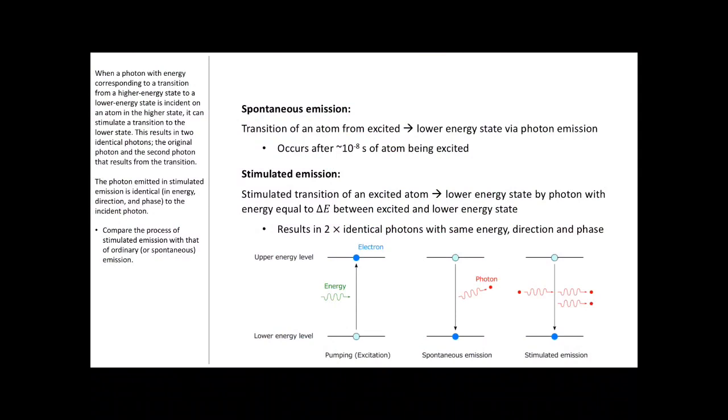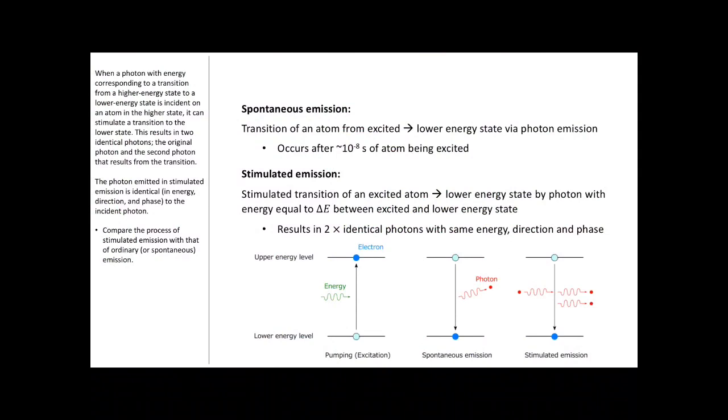The photon emitted in stimulated emission is identical in energy, direction and phase to the incident photon. In Stage 2 physics, you need to be able to compare the process of stimulated emission with that of ordinary, or spontaneous, emission.